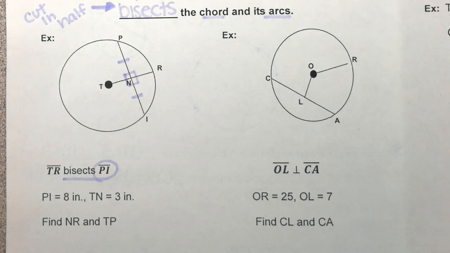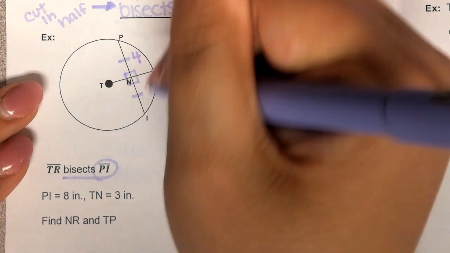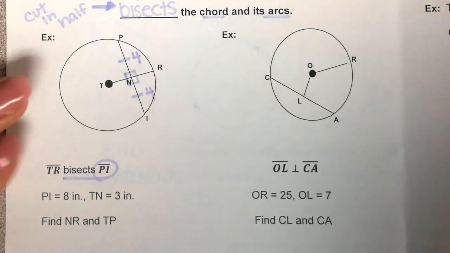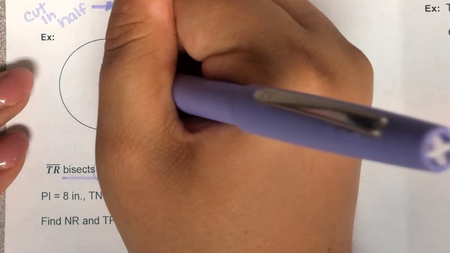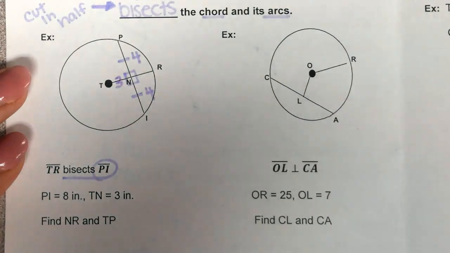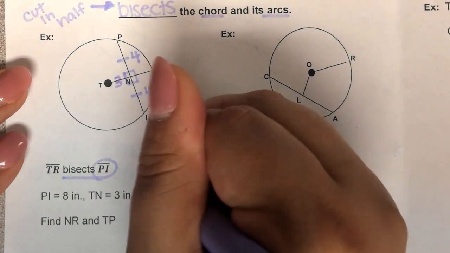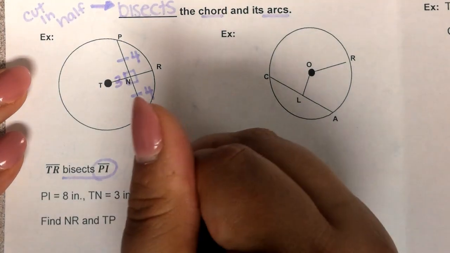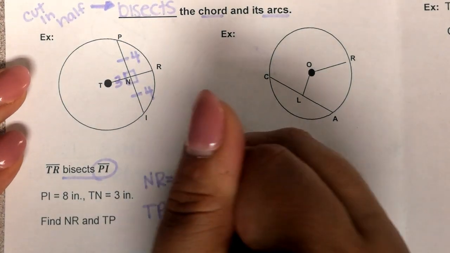It also tells us PI is 8. What do I know? And NI? 4. And it tells me TN is 3. What does NR equal and TP equal?